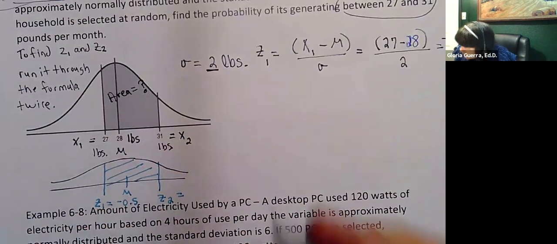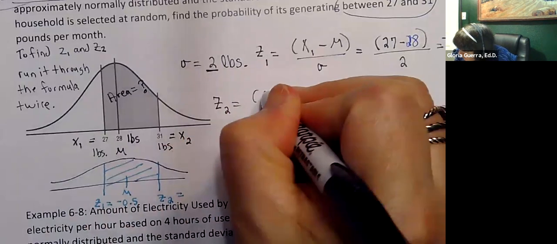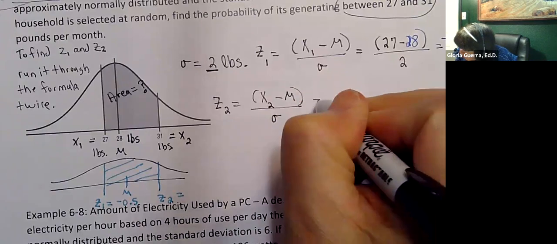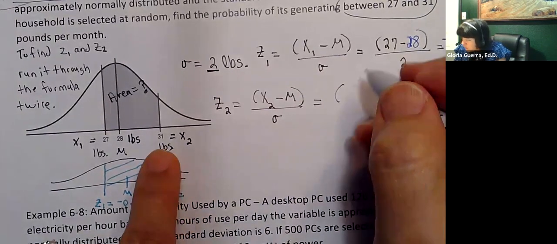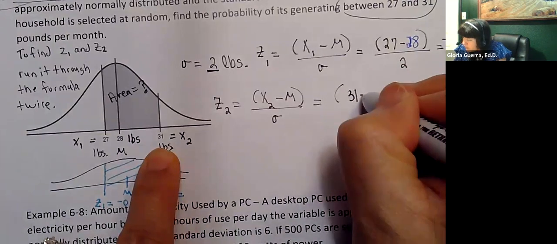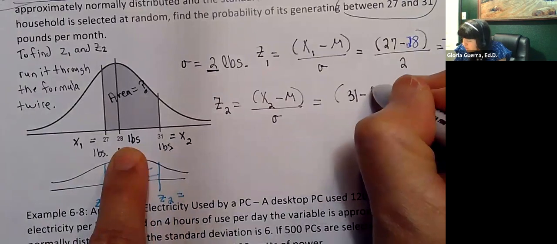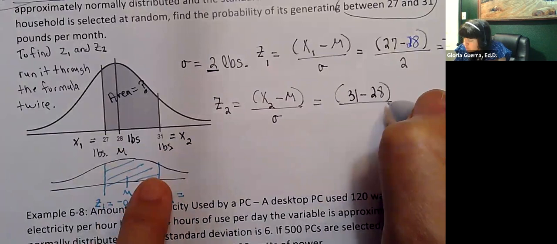Okay, so now I'm going to do this again. z sub 2 is equal to (x sub 2 minus mu) divided by sigma. And x sub 2 is 31 minus mu, which is 28, divided by sigma, which was 2.